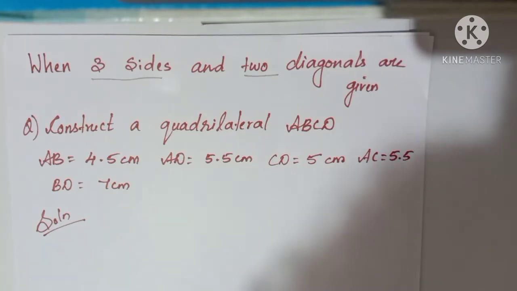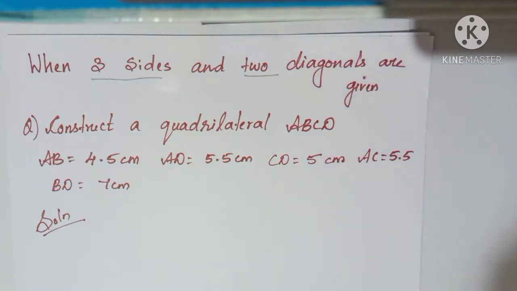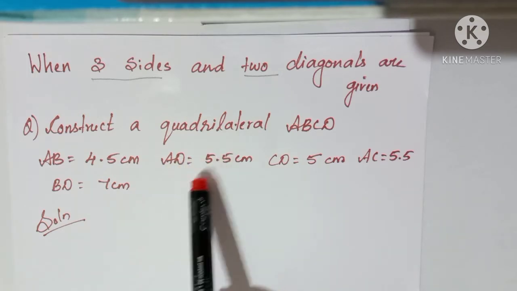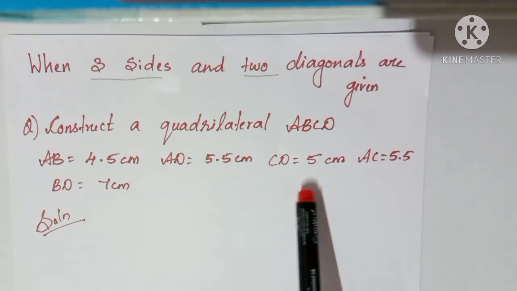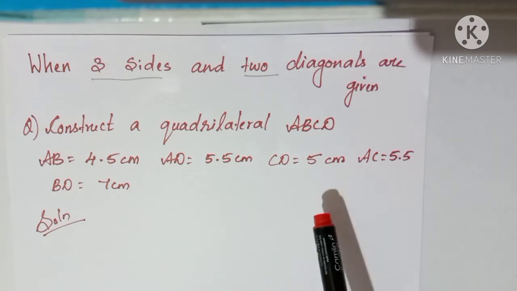That we'll see in today's session. First question: construct a quadrilateral ABCD. AB is equal to 4.5 centimeter, AD is equal to 5.5 centimeter, CD is equal to 5 centimeter, AC is equal to 5.5 centimeter and BD is equal to 7 centimeter.